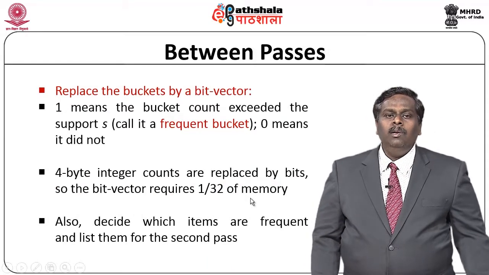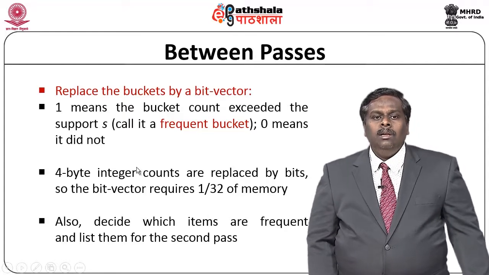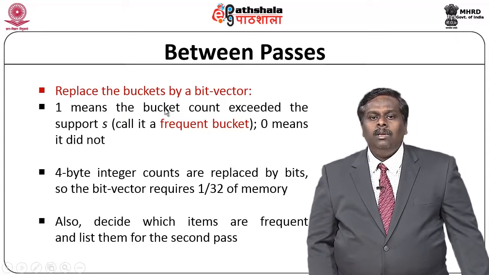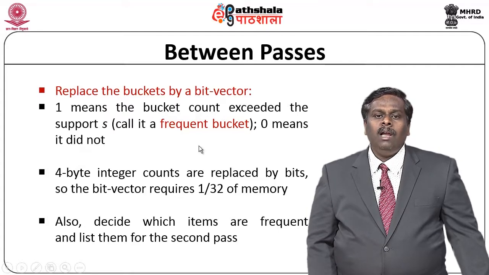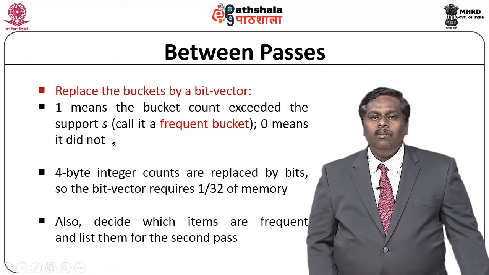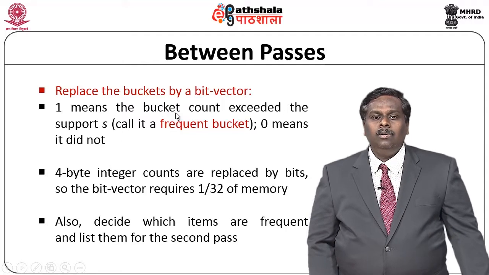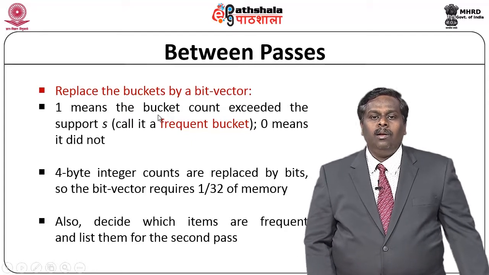Now, what may happen between the passes? Suppose you replace the buckets by bit vectors, that is, a binary vector which will have a value 1 in case that particular bucket is frequent, else it will be represented by a value 0. So, I am going to map each and every item pair to this bit vector, indicating whether it belongs to a frequent bucket or not.